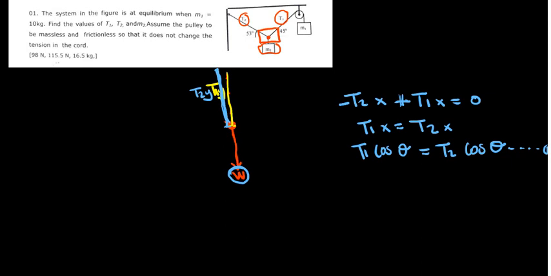So in the y, as you can see, we have two forces which are going up and one force which is coming down. So in this case, we are going to say if we sum up t2y plus t1, not t2.